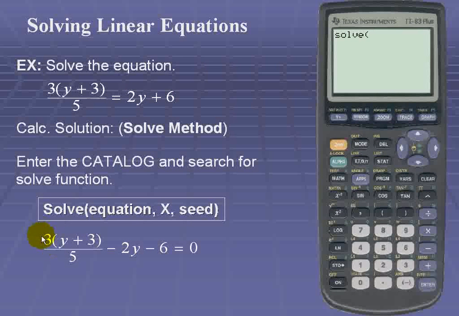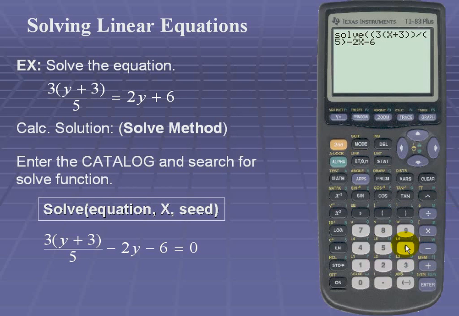Once again, I have a fractional bar, so I'm going to use a set of parentheses around the numerator and the denominator. So that's a begin parenthesis 3, another begin parenthesis x plus 3, and just be mindful to close that off twice, divided by 5, minus 2x minus 6.